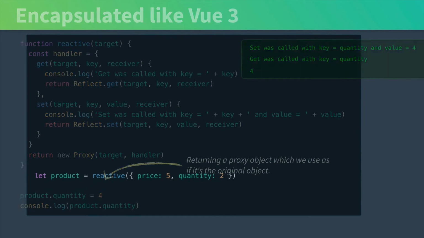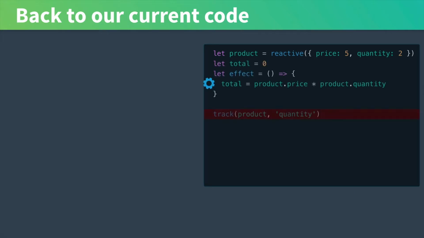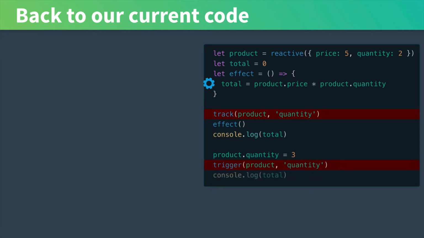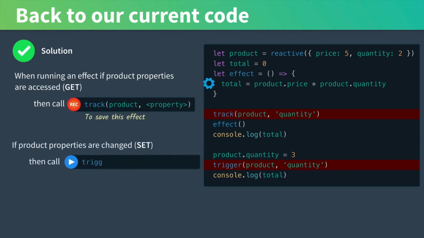All right, with this new knowledge, let's go back to our original code. Remember, we have our effect, we call track, and we call trigger. And we needed some way to listen for GET requests in order to call track, and listen for SET requests to call trigger.